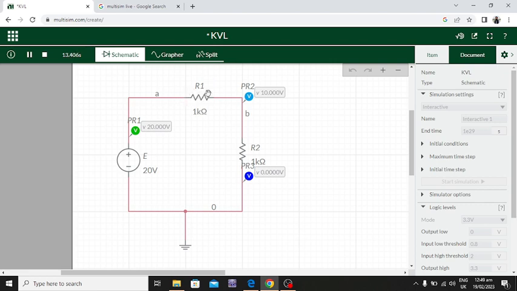This potential comes straight across resistor 1, and here some potential has been dropped. What potential has been dropped? What you observe here is 20 volts and 10 volts.